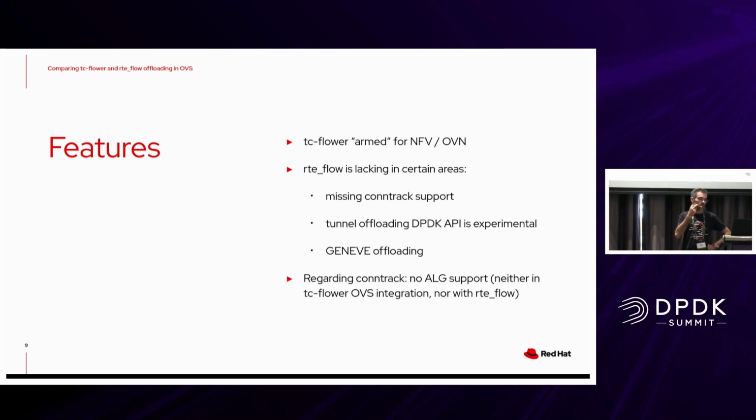Additionally, the tunnel offloading API was experimental so far, so I did some enhancements on this topic. There is still some more work to do, because there was some feedback from the OVS community. This is an important point, because this feedback was given after the DPDK API had been written.